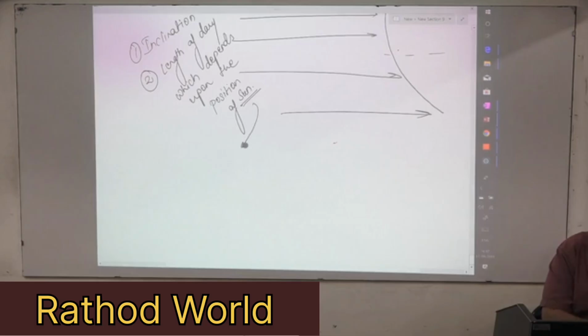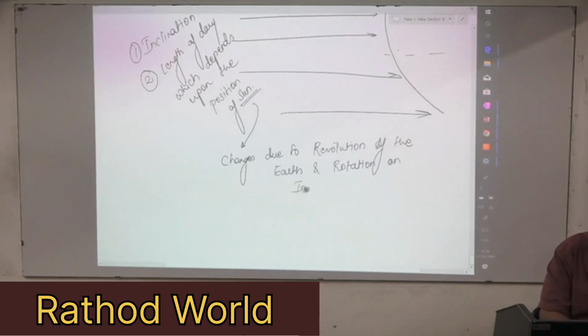And this position of the sun changes due to rotation and revolution on the inclined axis. Fine. How? Give me 2-3 minutes.